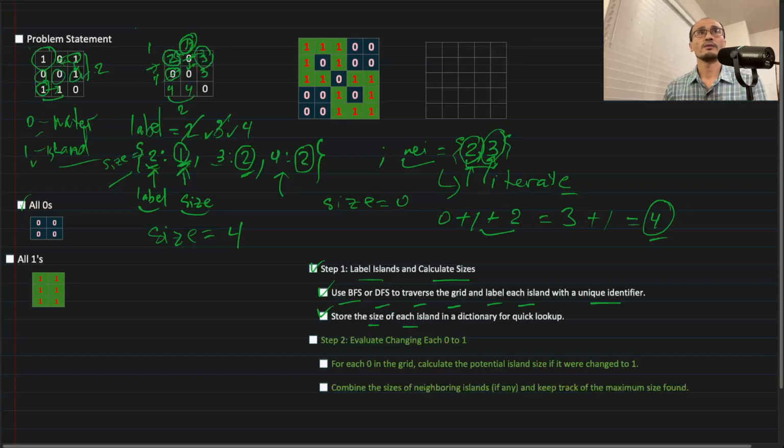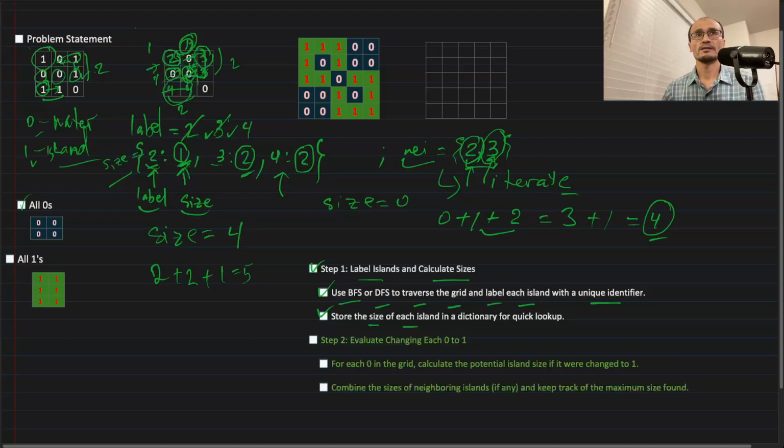Then we come here. We convert this one to be 1. After we convert this to be 1, the islands will be connected like this. So the size of this island is 2, and the size of this island is 2. So 2 plus 2 plus 1 more, because the 0 becomes 1, so it will be 5.